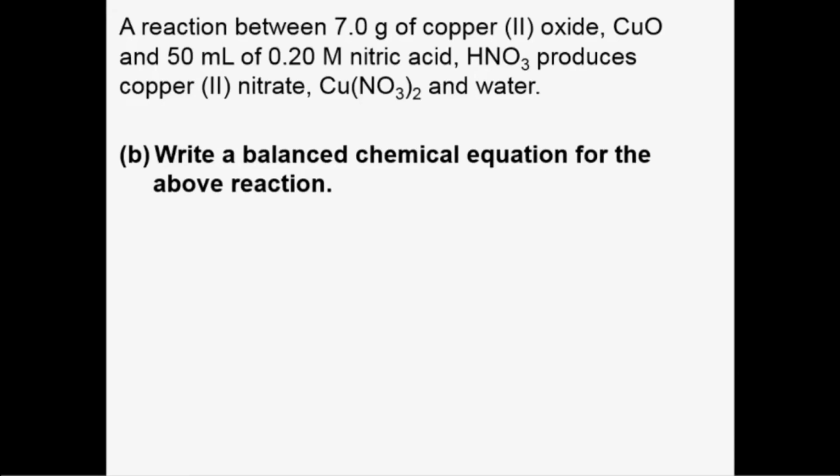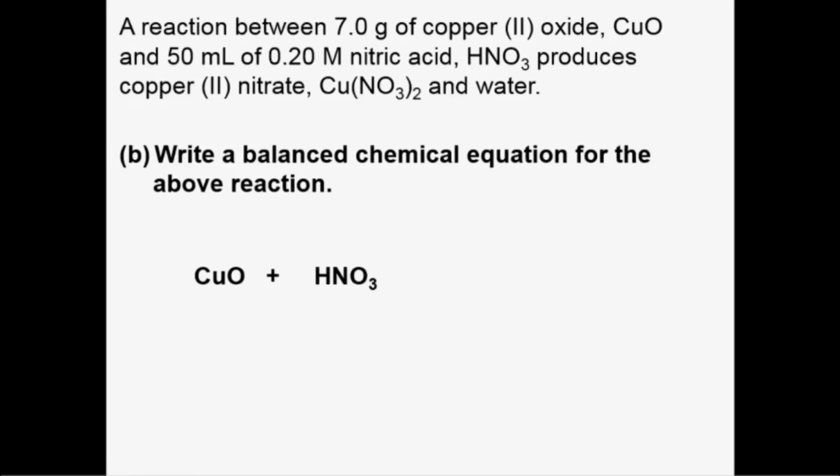Let's write the reactants first. What are the 2 reactants? We have copper 2 oxide and nitric acid, and later in this question we are going to determine, between these two, which one will be the limiting reactant and which one is the excess reactant. But for now we are just going to balance the equation first.